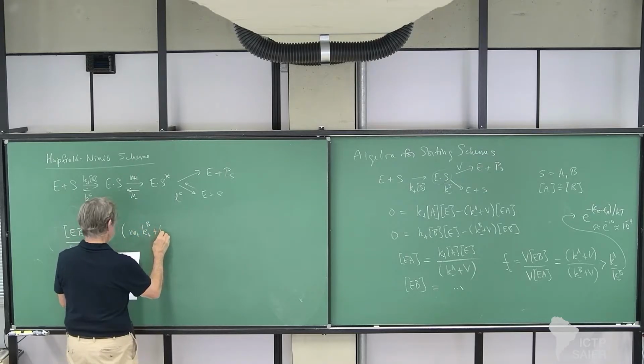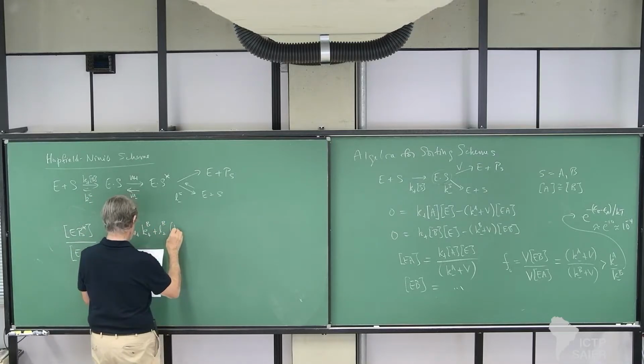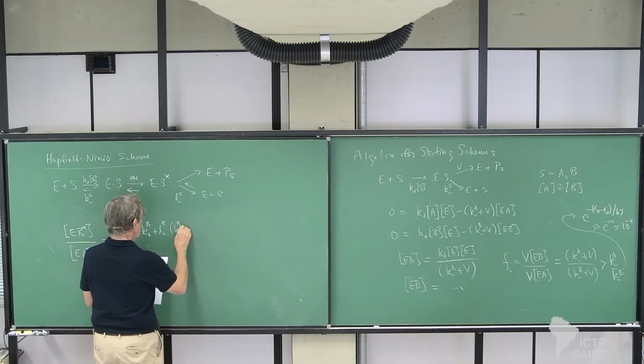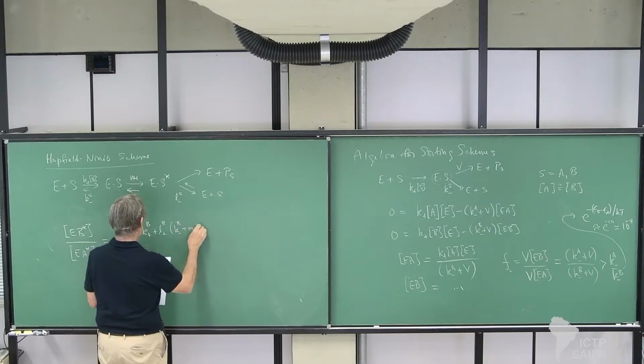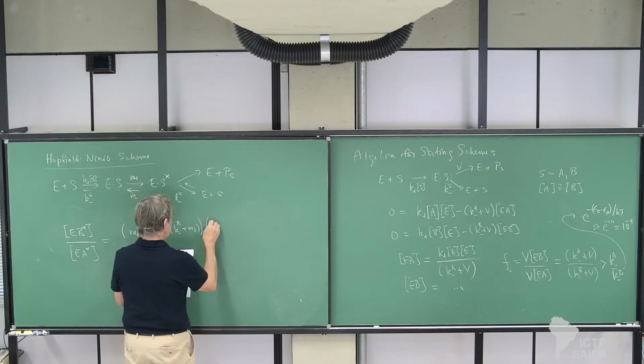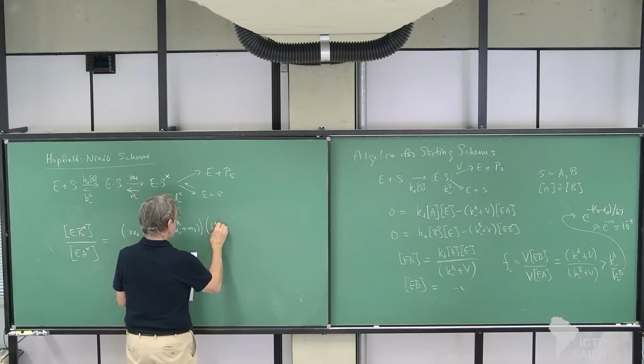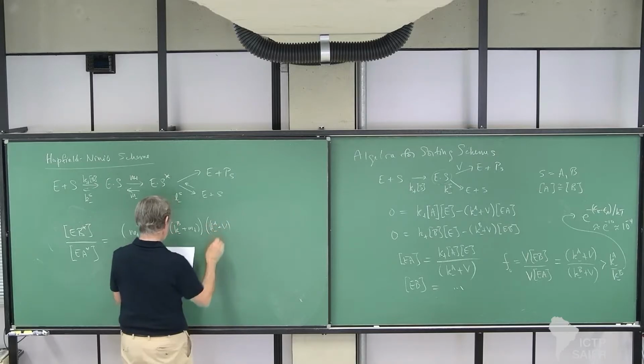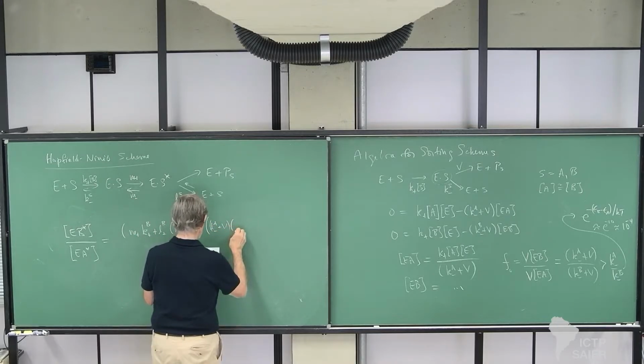L plus B, K minus B plus M plus, times L minus A. Okay, I'm writing this out for a reason, even though it's probably not terribly intelligible.